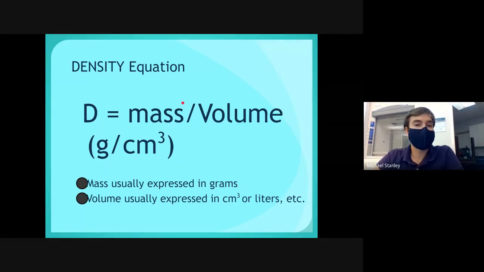But because it's so simple and easy to work with, we can also move some of these variables around in case we want to calculate something else, like, let's say, volume.